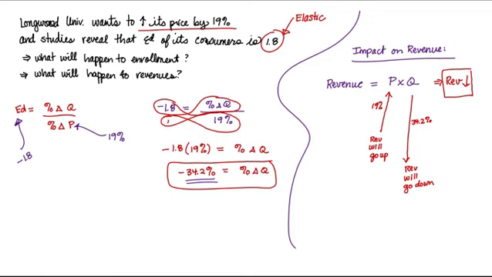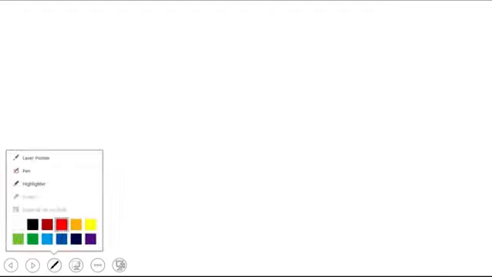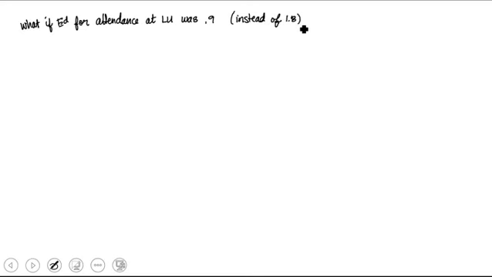But what if instead, everyone have this down? What if instead the university had a slightly different elasticity, or a very different elasticity? What if elasticity of demand for attendance at Longwood was actually 0.9 instead of 1.8? So half.